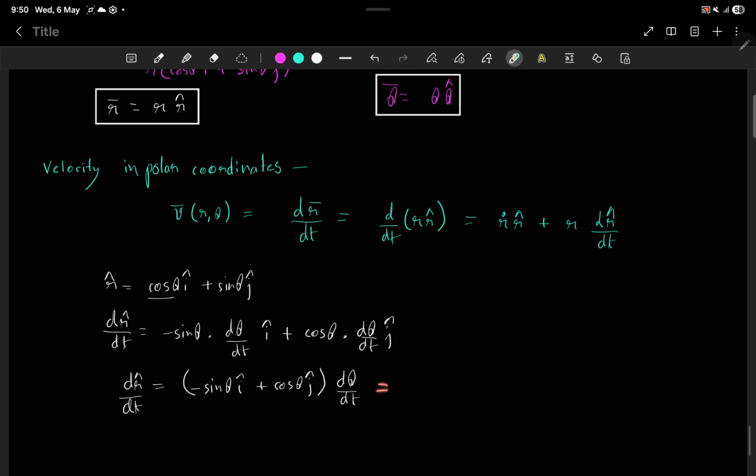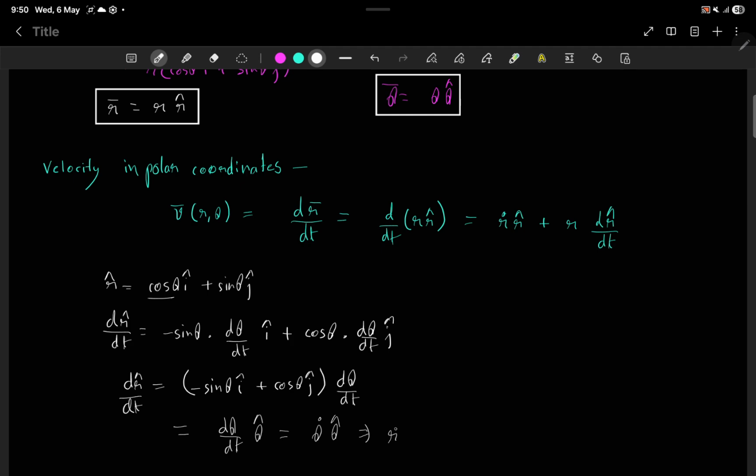So I can write it as d theta by dt theta cap, or theta dot theta cap.